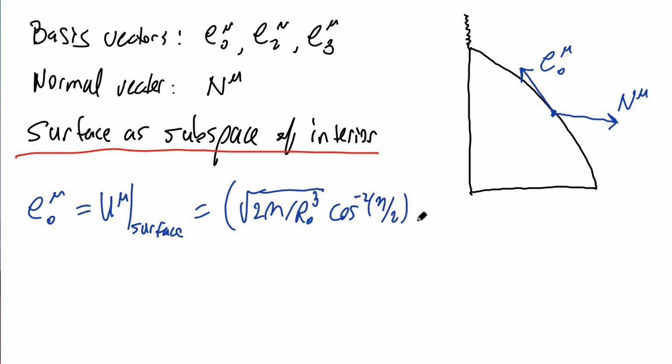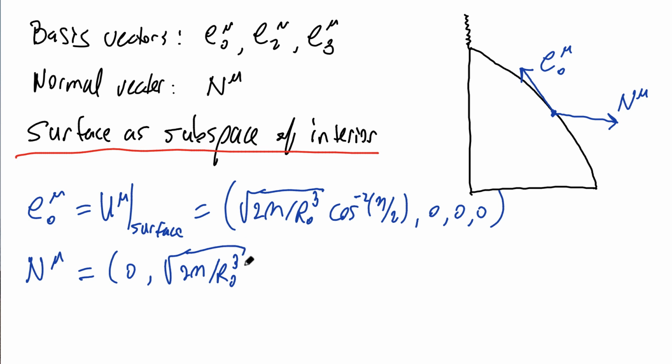That's the eta component, and the other components are 0. And now we can construct the unit vector n. It's a vector that's perpendicular to this vector. It's in the plane orthogonal to the two spheres, so it only has components in the eta and chi slots, and it's normalized. So those conditions uniquely define this normal vector as 0, square root of 2m over r naught cubed times cosine minus 2 of eta over 2, 0, 0.